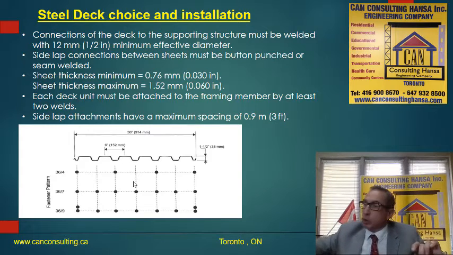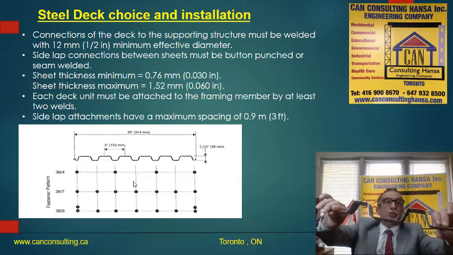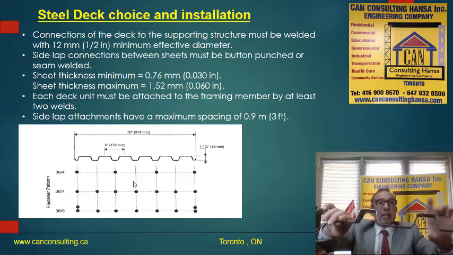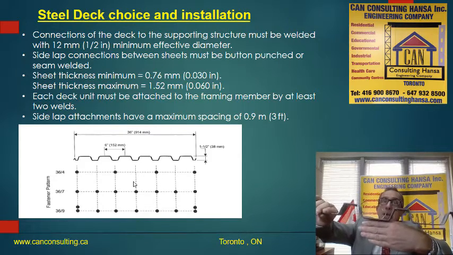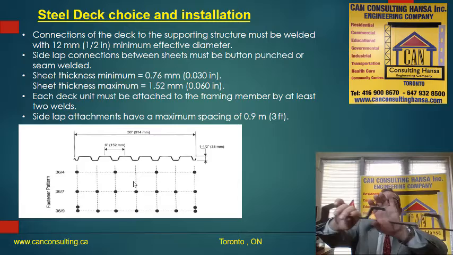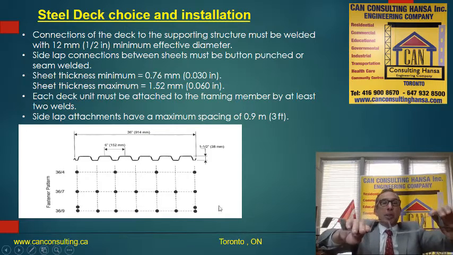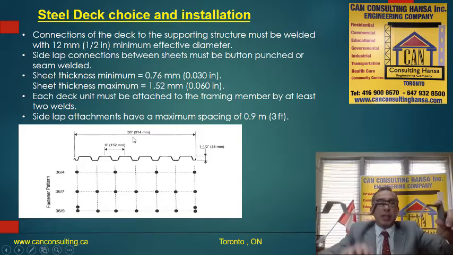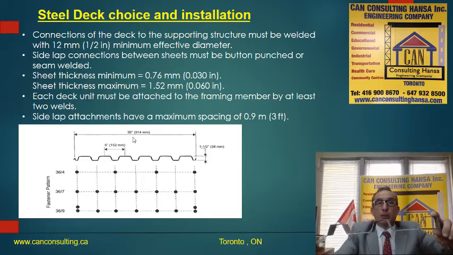Another thing is the installation of the steel deck with the steel beam underneath it and also the next steel deck, because they come with a specific width, most of the time 914 millimeter.